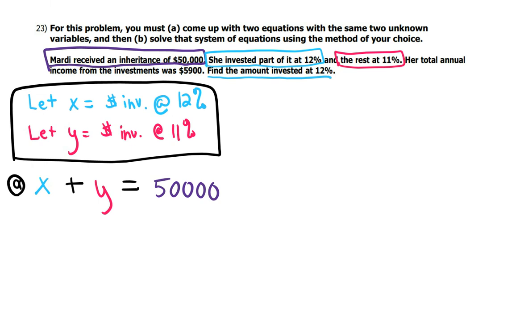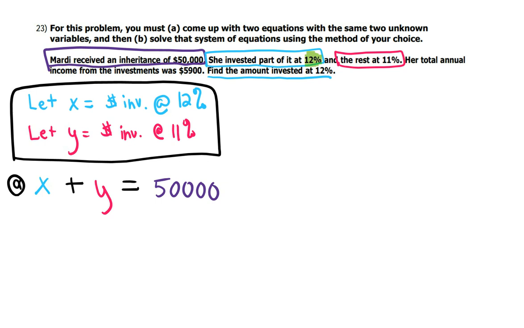Go back to black. Part A. There's one equation. Now, all you have to do is take the percentages. The amount of money she invested in X is how much money she invested at 12%.